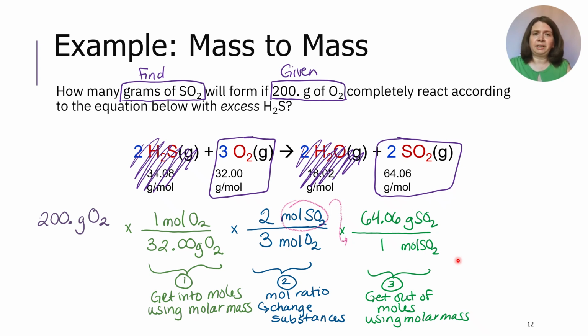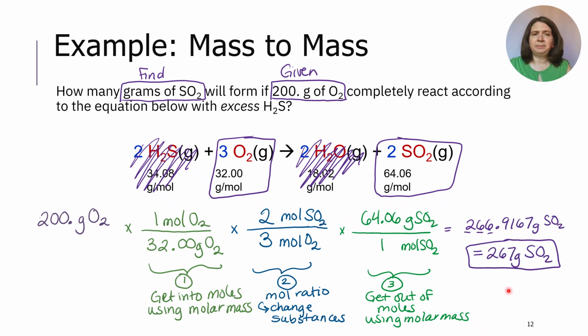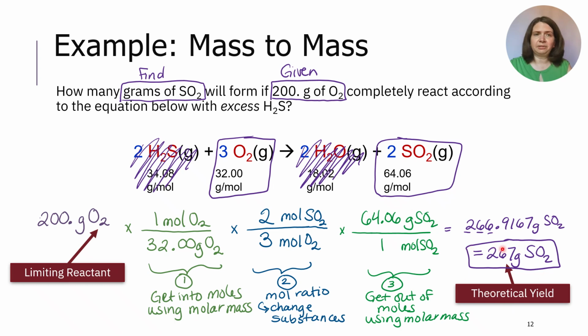After performing the calculation and rounding to 3 significant figures, we obtain 267 grams of SO2. Since oxygen was the reactant that limited the reaction, we can say that 200 grams of O2 is the limiting reactant and 267 grams of SO2 is the theoretical yield of sulfur dioxide.